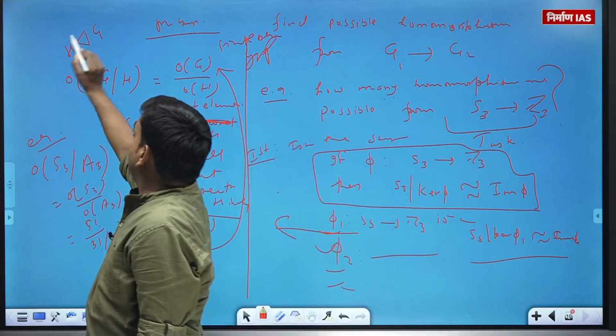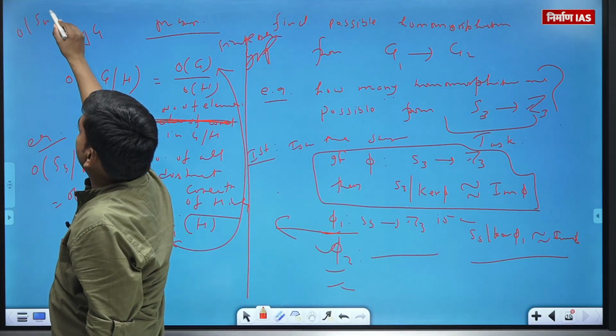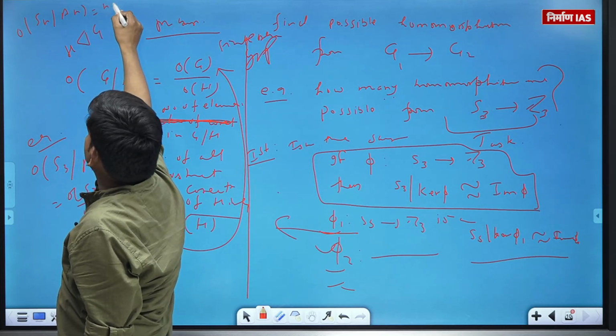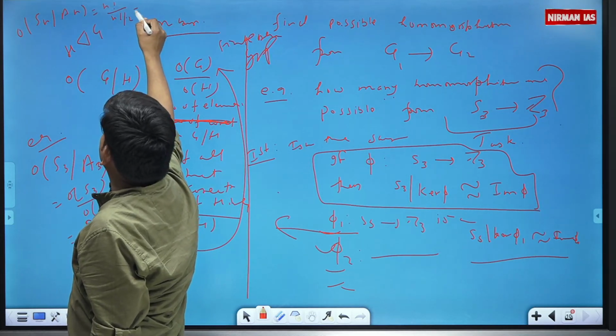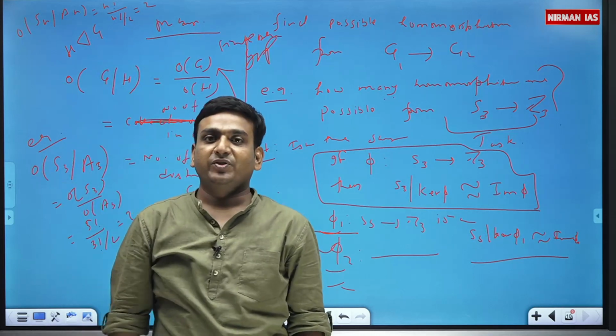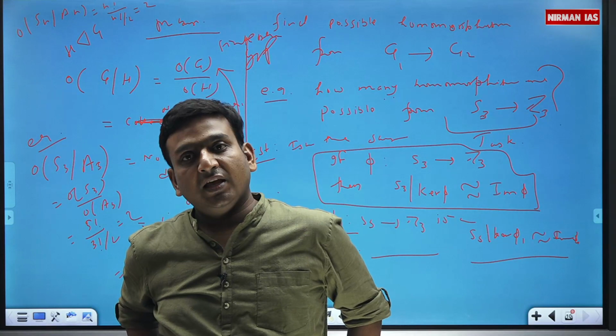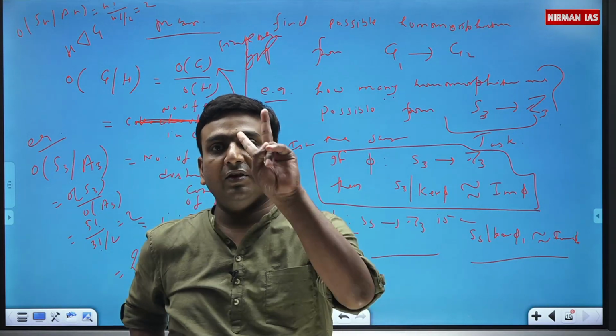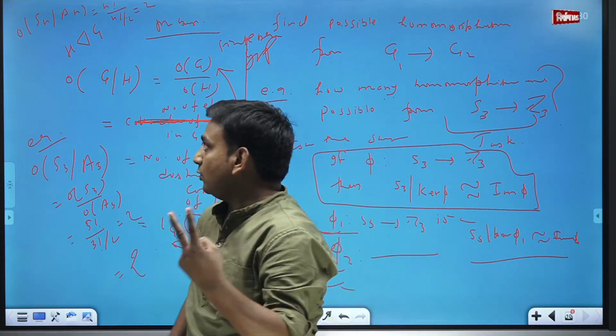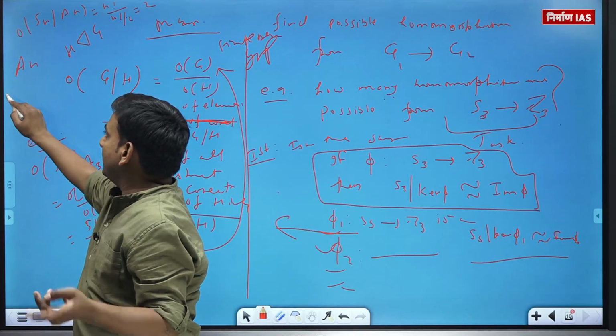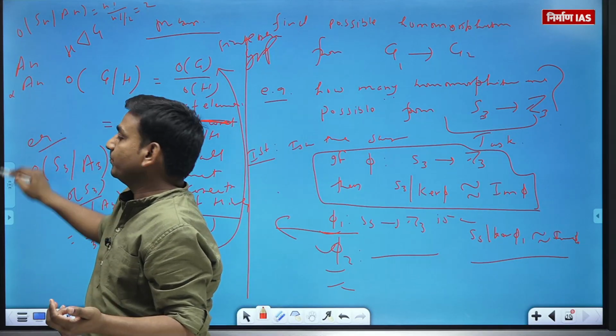For example, the order of Sn by An is nothing but n factorial divided by n factorial by 2, that is 2 only. That means the number of cosets of the alternating group An in Sn is always 2. So one coset is An itself and the other coset will be something else.